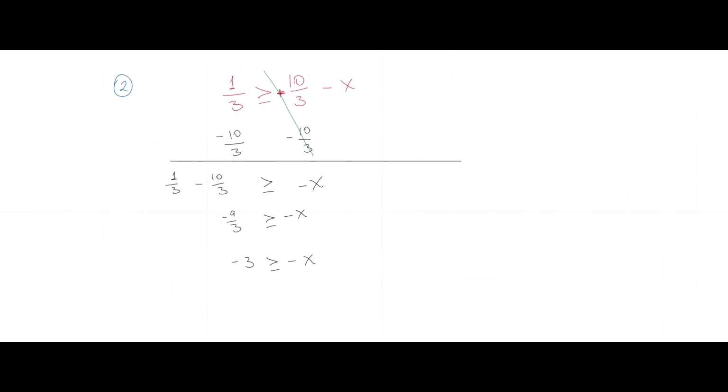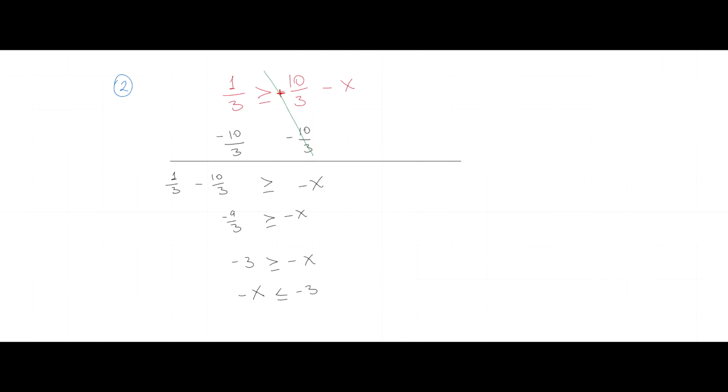Now we're going to rearrange this. The variable x needs to be over here, so we're going to flip the inequality. Of course, this variable cannot be a negative number.